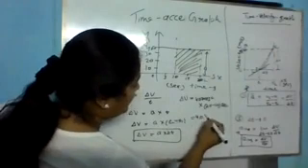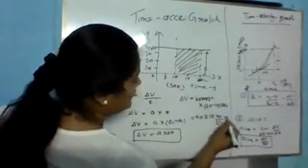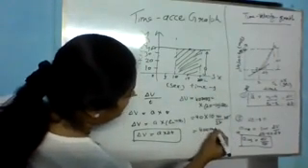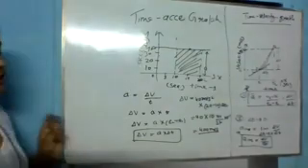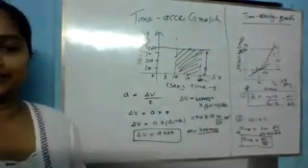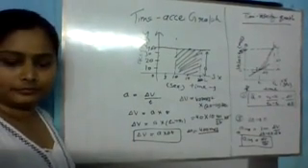So 40 multiplied by 10, and the unit is meter per second square multiplied by second. So second to second cancel. This is 400 meter per second. So the change in velocity is 400 meter per second.